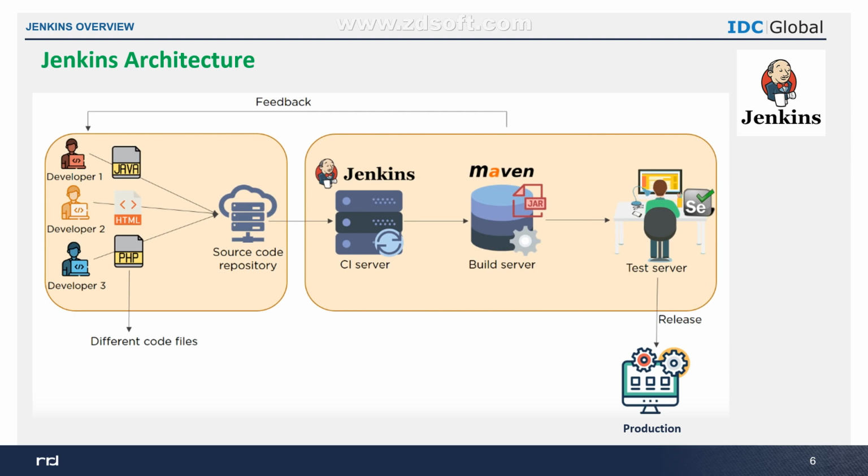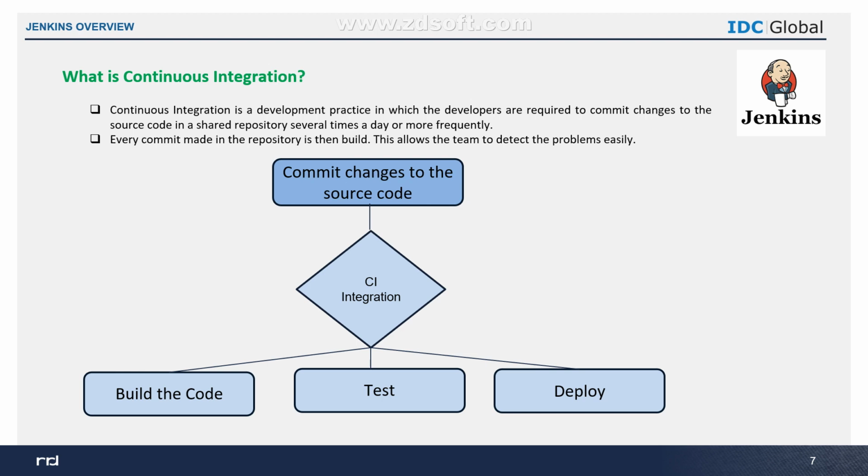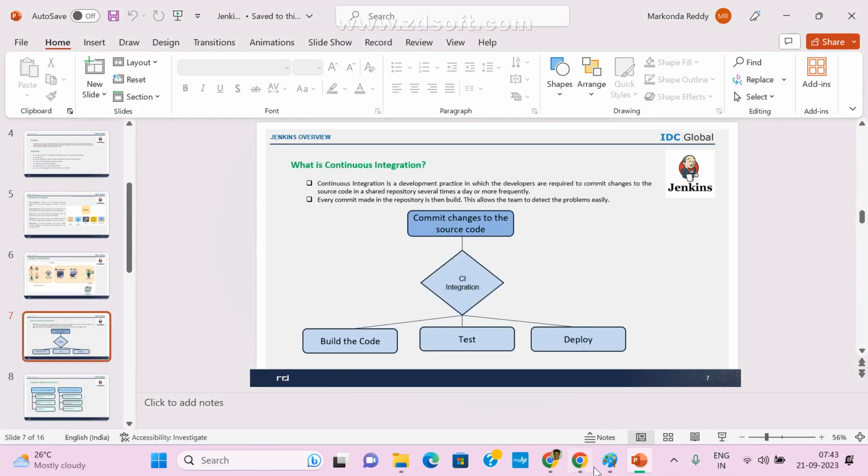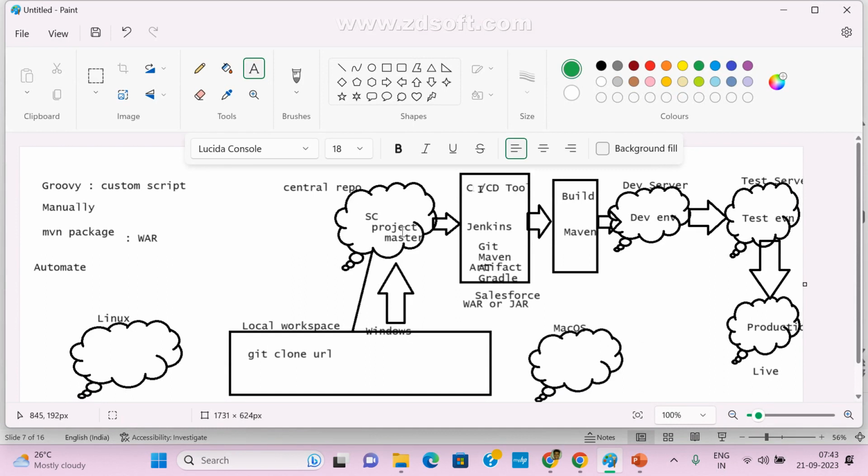Anyone any doubt here? Okay. Now see here, what is continuous integration? Don't think beyond; it is very simple. Already we have source code here, right? Everyone implements locally, and then they push these new changes to the central repository.